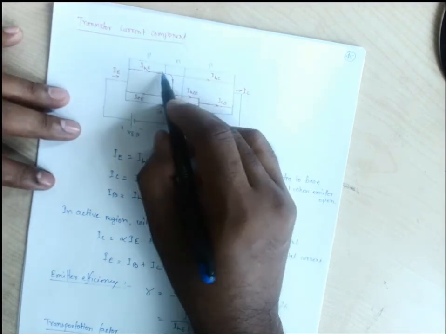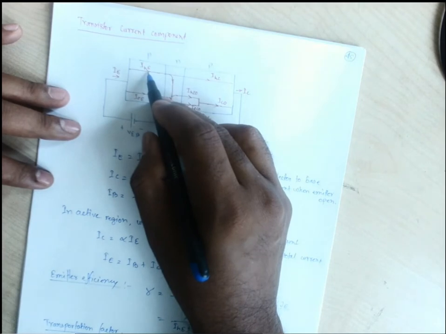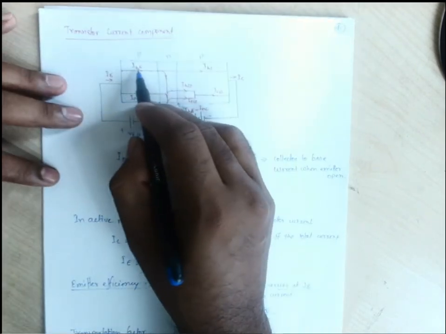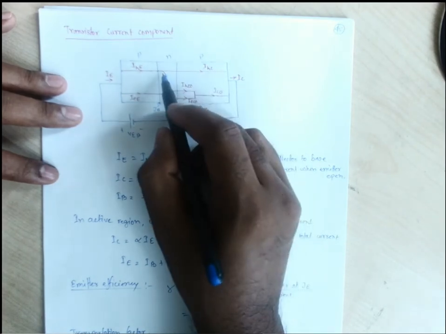Out of the current given from this side, the total given is IHE. IHE is the current that moves from the emitter with its destination at the collector, but midway there is certain recombination.